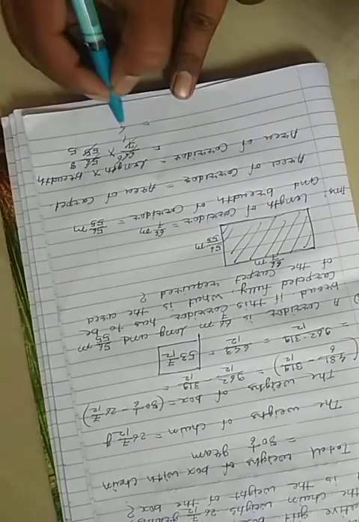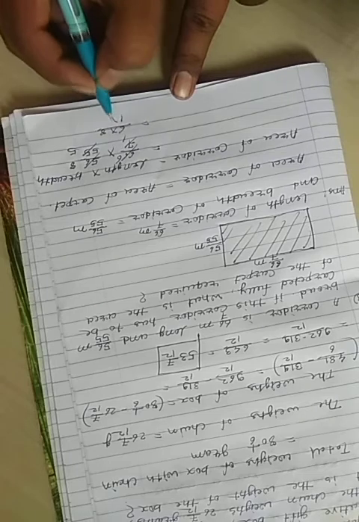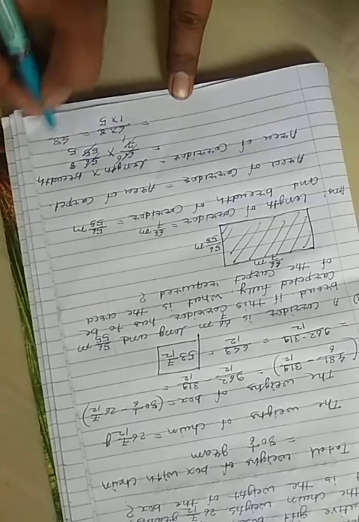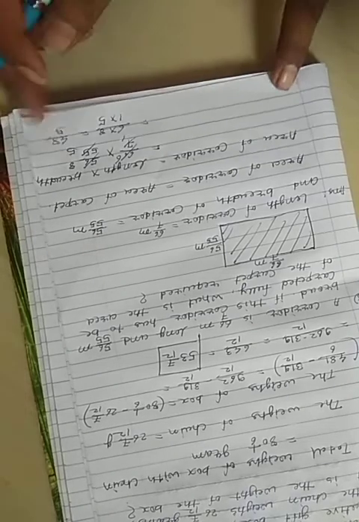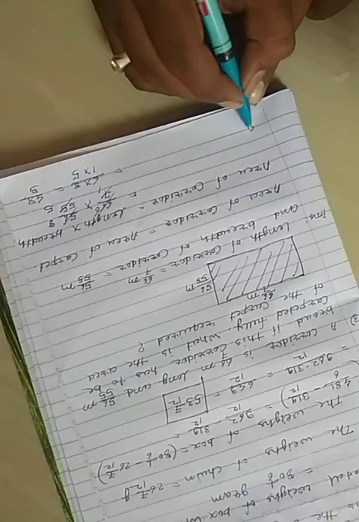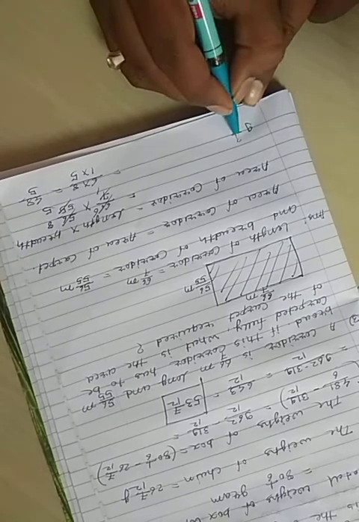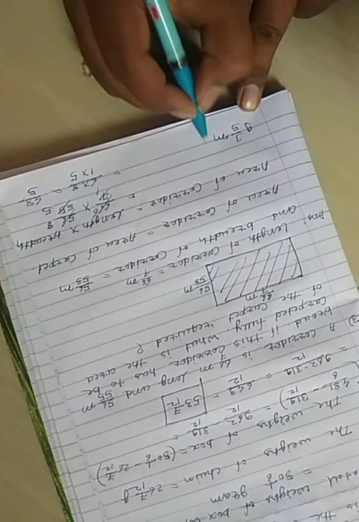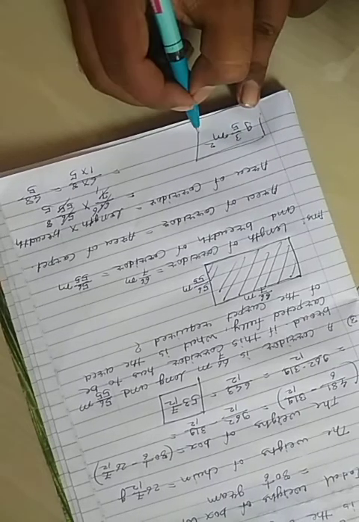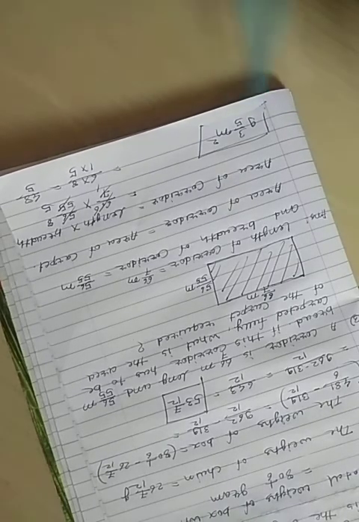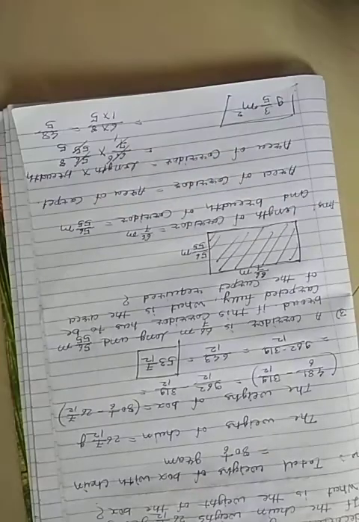So it remains 6 multiplied by 8 upon 1 multiplied by 5. 6 8s are 48 upon 5. Now student, we will convert it into mixed. 5 9s are 45 and 3 remains as it is, and the unit is meter square. This much carpet will be required. So 9 and 3/5 square meter carpet will be required to cover the corridor.